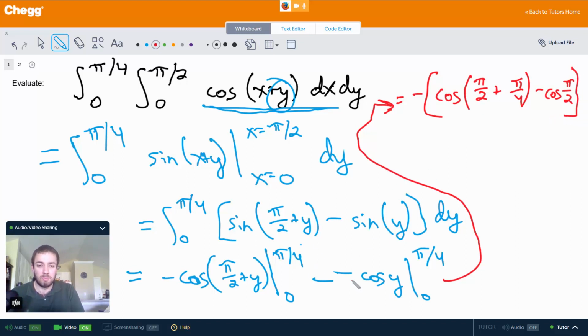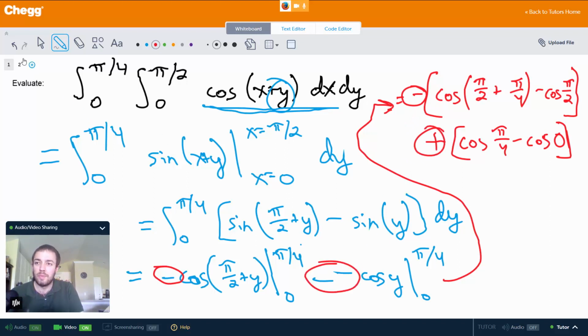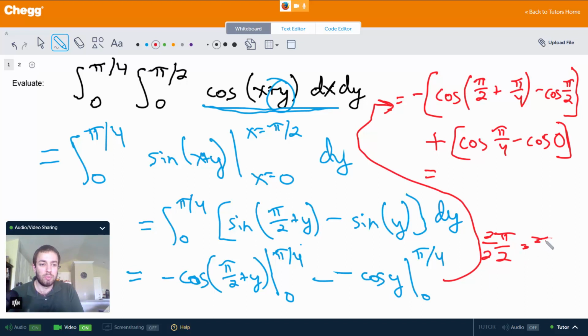Right, and then minus means plus, so then we have plus cosine of pi over 4 minus cosine of 0. And these square brackets here aren't really necessary, but just to keep clear everything that's happening, this is what we have now. So this minus sign right here is the same thing as this minus sign here, and then these two minus signs combine to make this plus sign right here. All right, so that's what's happening there. Now let's continue and evaluate. So pi over 2 plus pi over 4, that's 2 times pi over 2 times 2, which is 2 pi over 4.